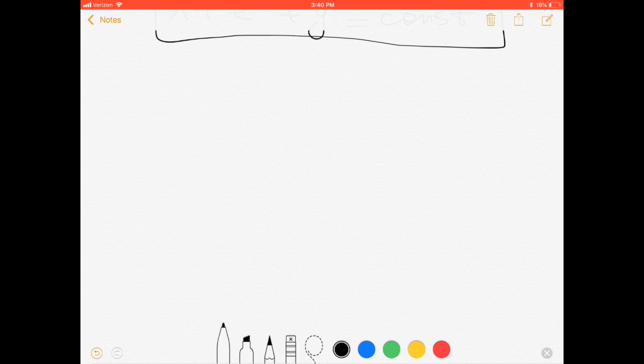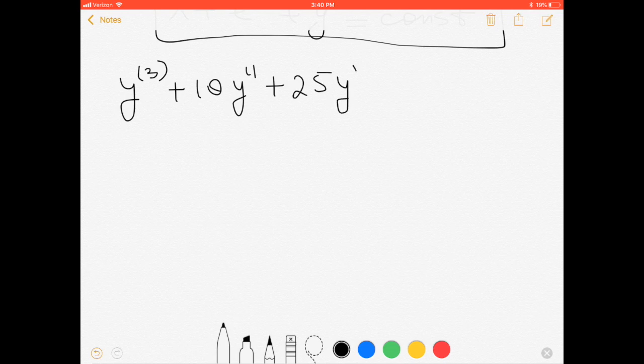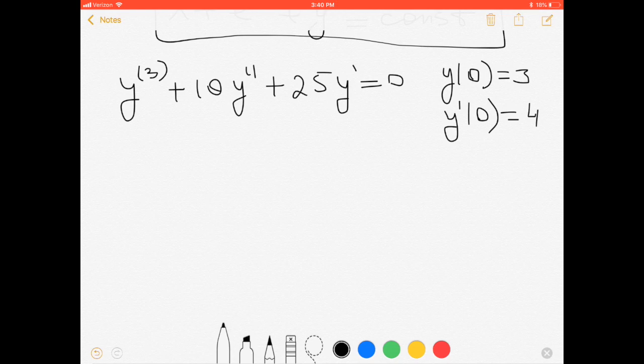Let's go, we have some equation: the third derivative plus 10 times the second derivative plus 25 times the first derivative equals 0, with some initial conditions: y of 0 equals 3, y prime of 0 equals 4, and the second derivative at 0 equals 5.